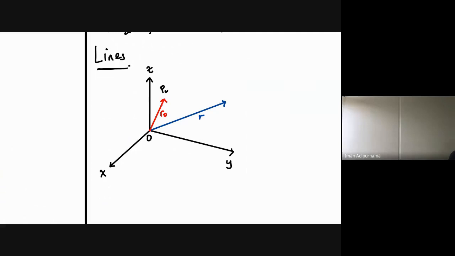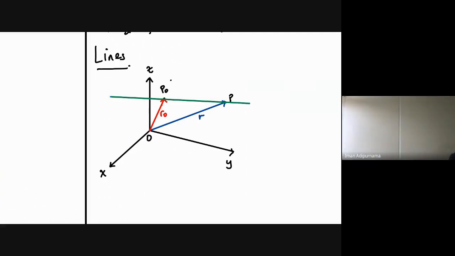And we have a point here and also a point here, P0 and P. Let's make some line through these two points. Okay, that's the line.